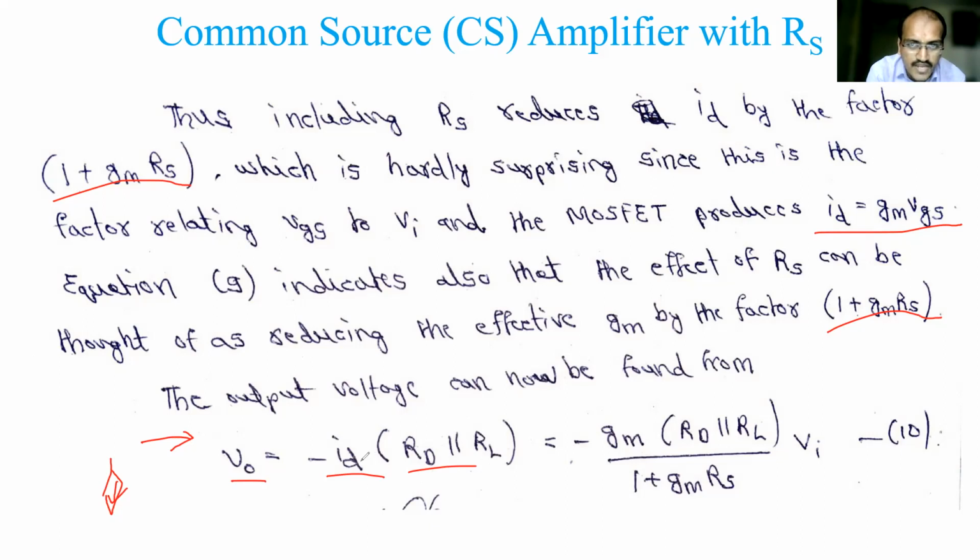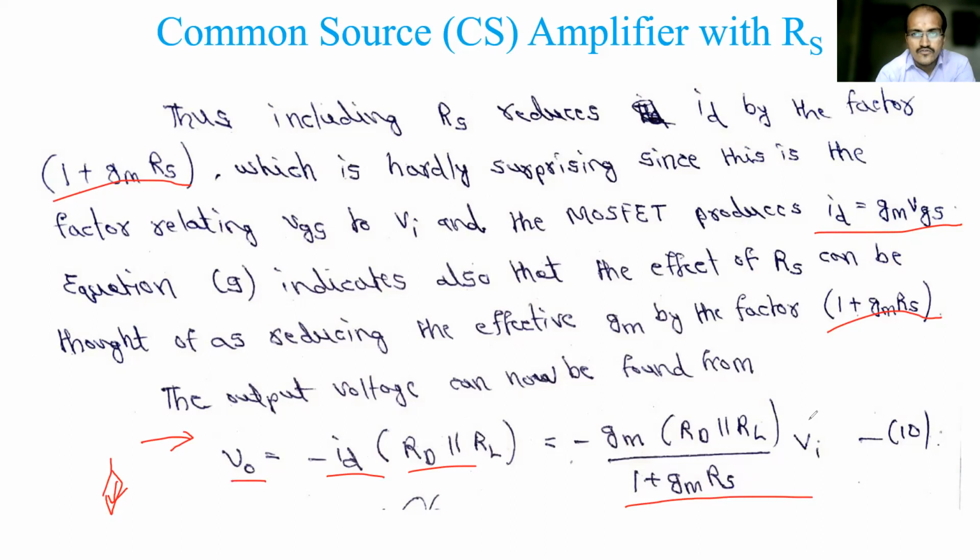Now if we include the ID value from equation 9, we get V0 equals minus GM RD parallel to RL VI, divided by 1 plus GM RS. So you got equation 10, and you have V0 and VI in this equation.